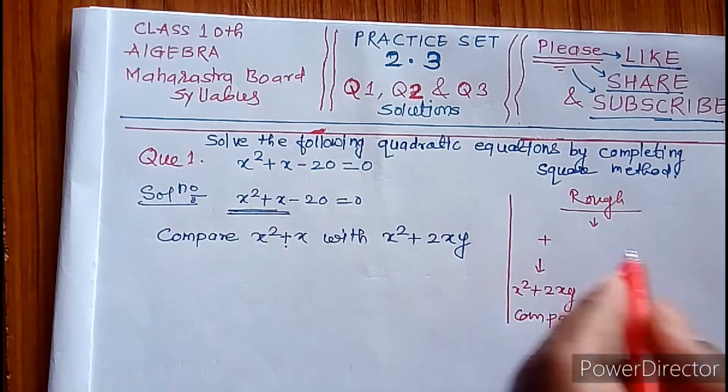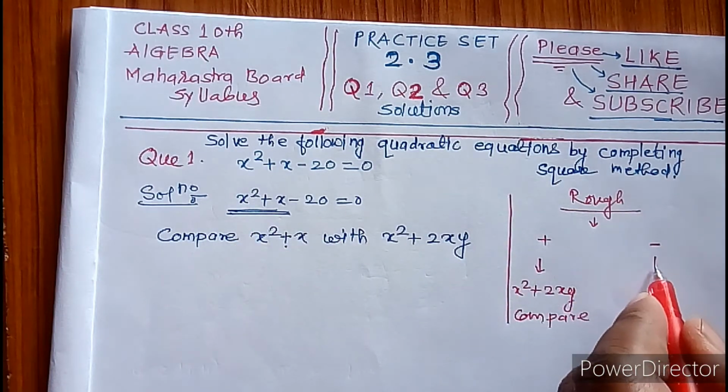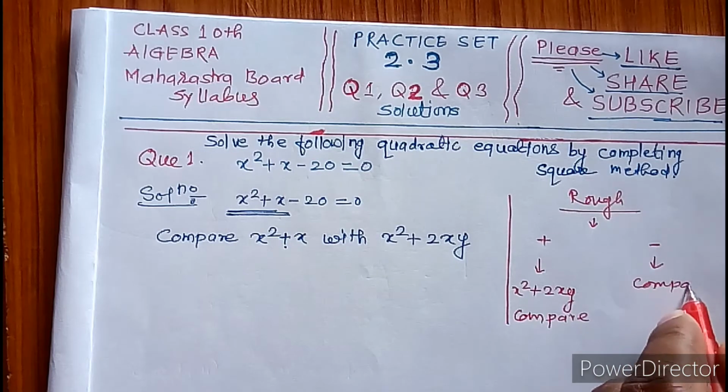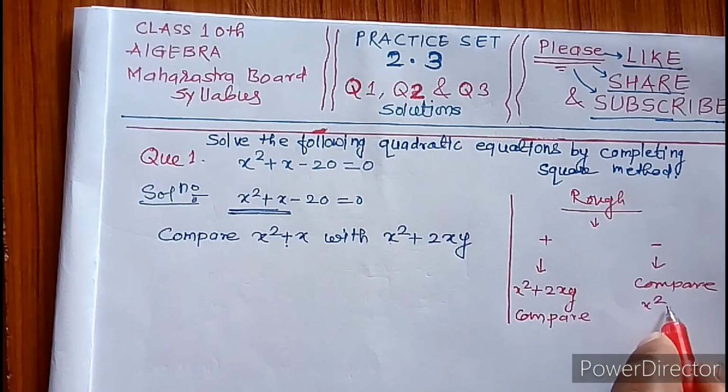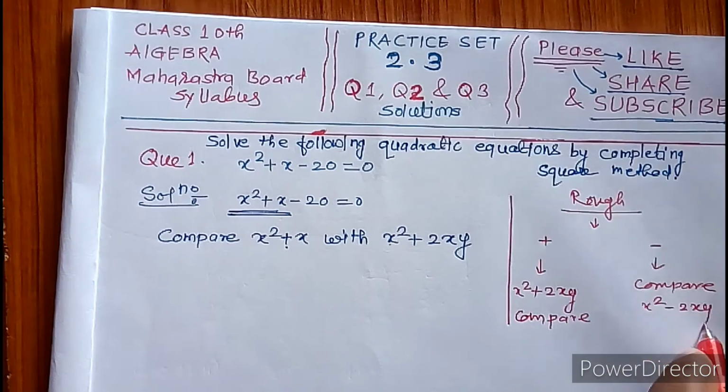If there is minus, compare with x square minus twice of xy.